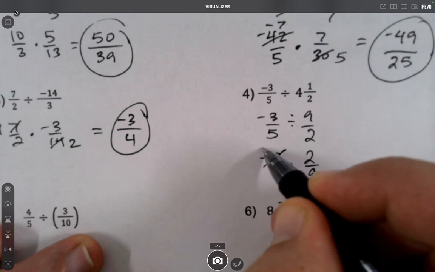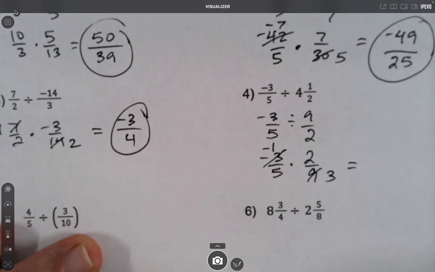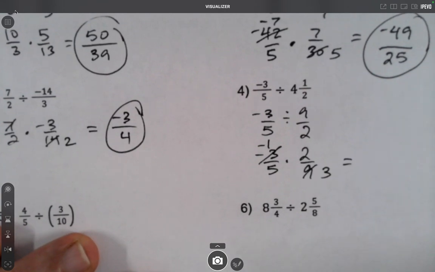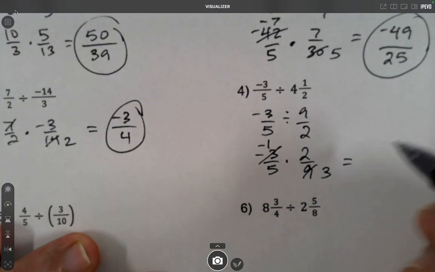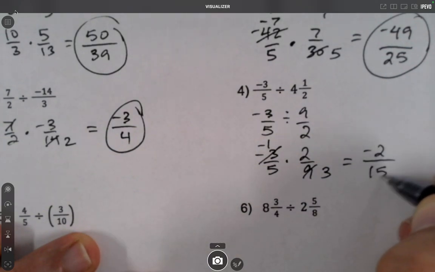Divide negative 3 by 3, I get negative 1. Divide 9 by 3, I get 3. Negative 1 times 2 is negative 2. 5 times 3 is 15.